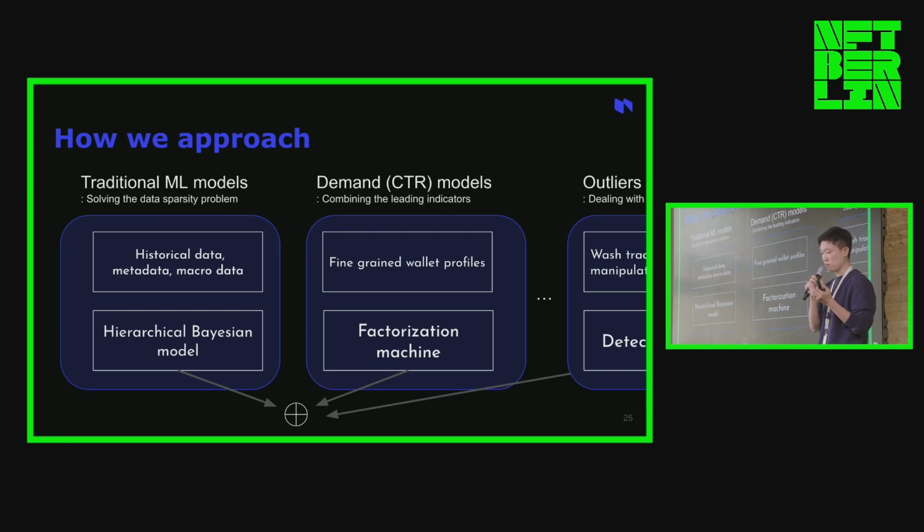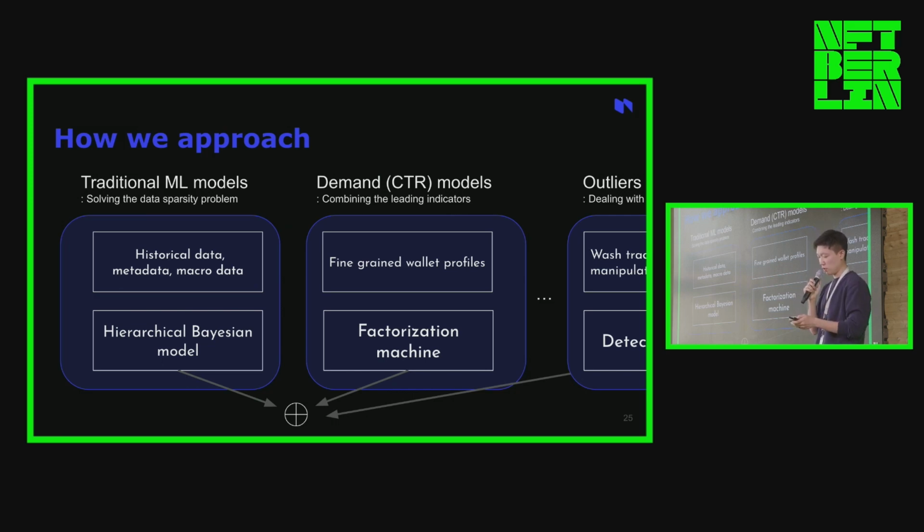For the traditional machine learning model, we use historical data, metadata, macro level data, and wallet specific data. Then we use a hierarchical Bayesian model. I'll dive into the Bayesian stuff later in my slides. For the demand model, we use fine-grained wallet profiles and factorization machines.